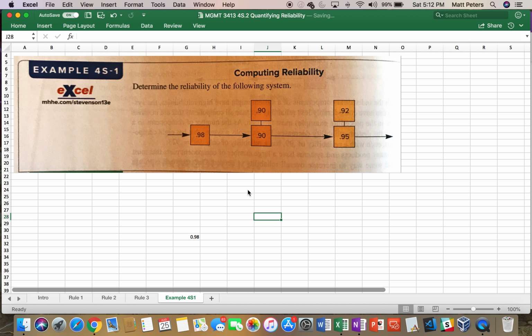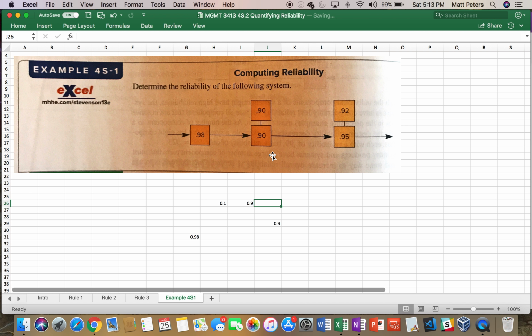So the second one, the first one here has a 90% chance of working. But if it doesn't work, which is 1 minus 0.9, then its backup has a 90% chance of working. I'm going to scoot that over. So its backup has a 90% chance of working.